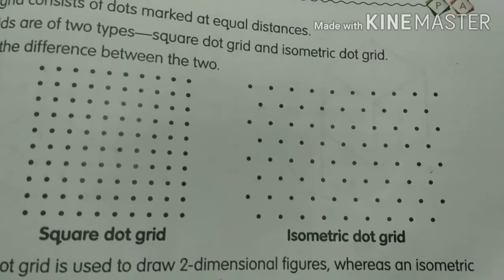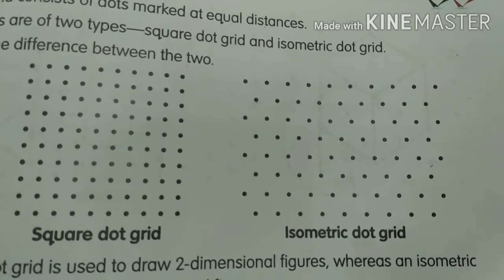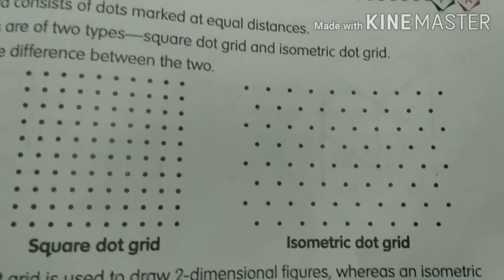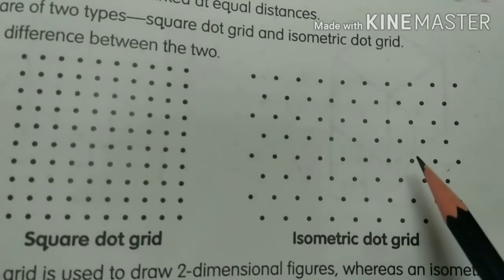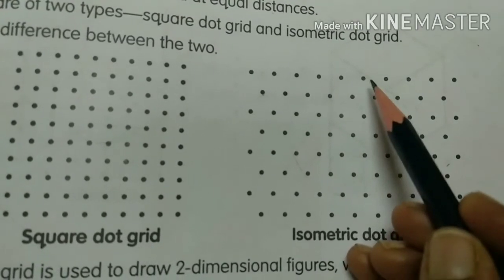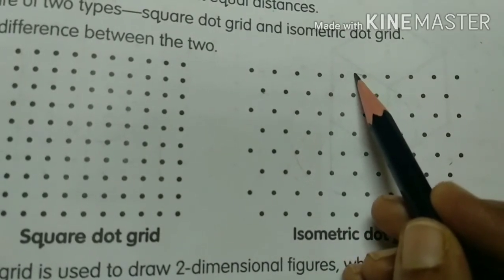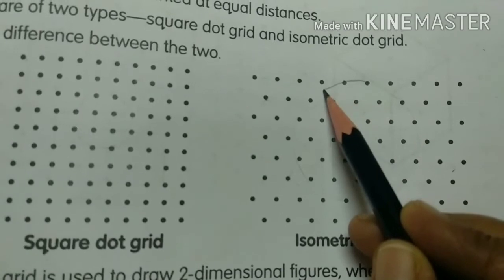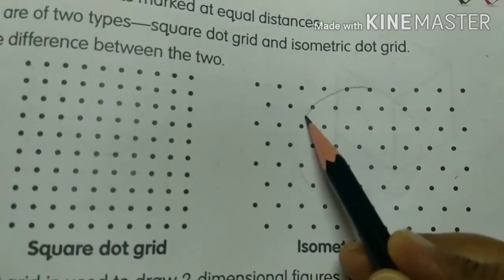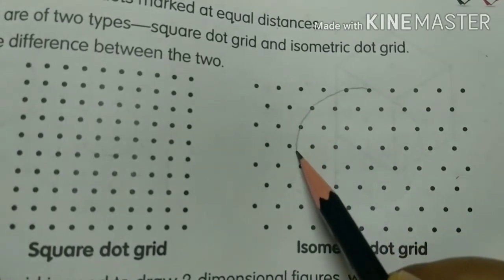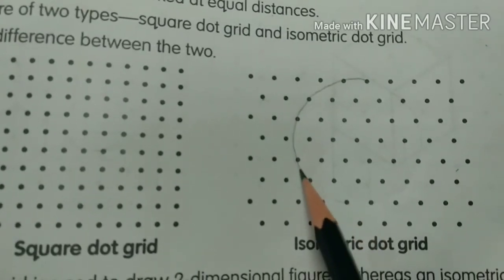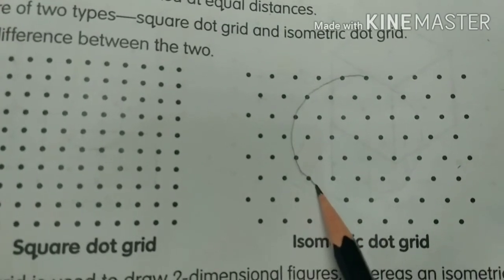We are going to draw a sphere on the isometric dot grid. Choosing the points is your choice. I am taking this way, joining the points like that.